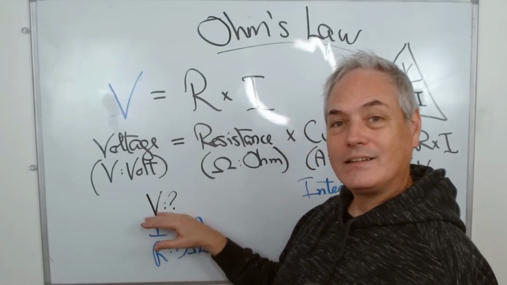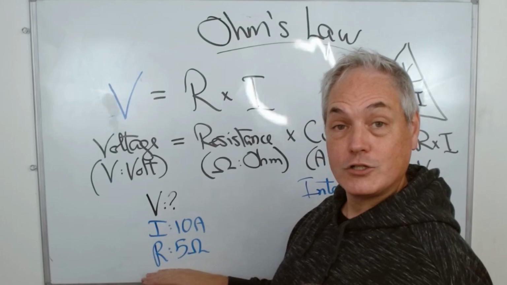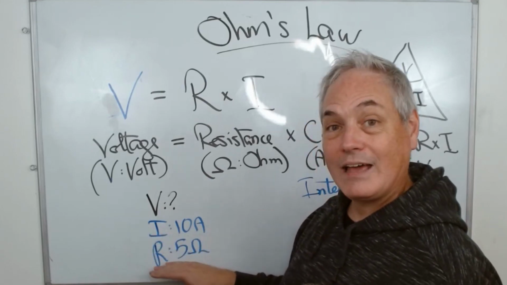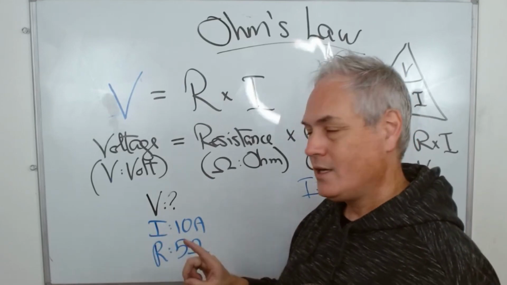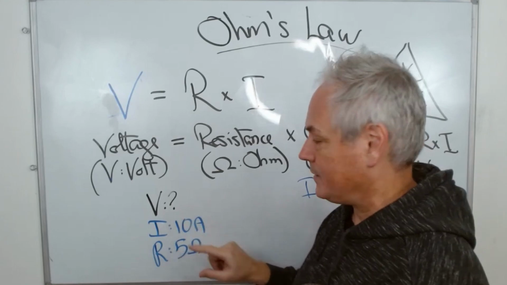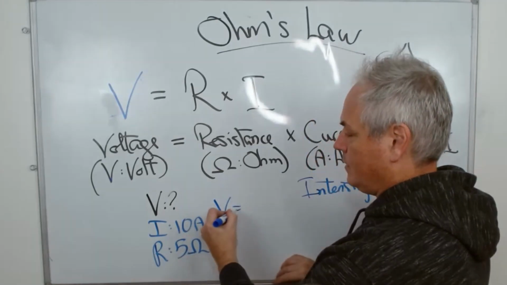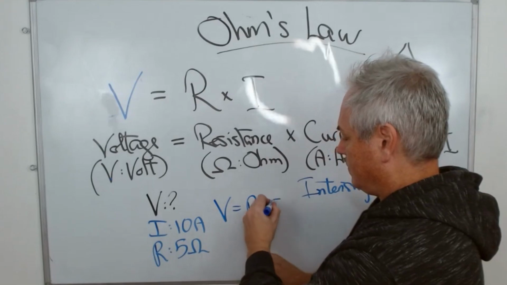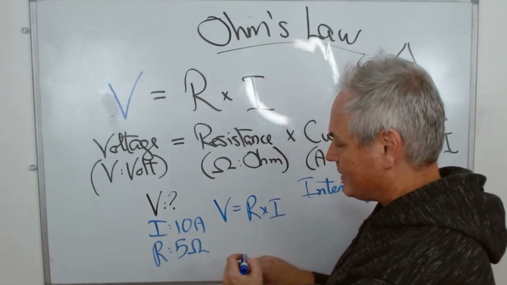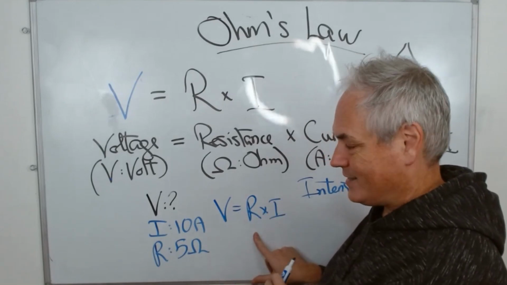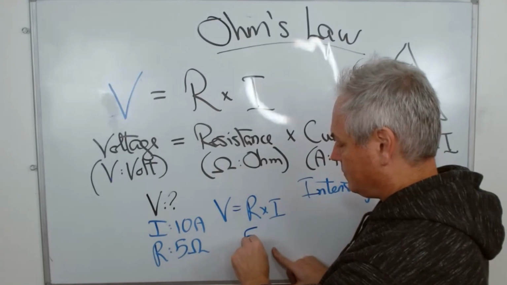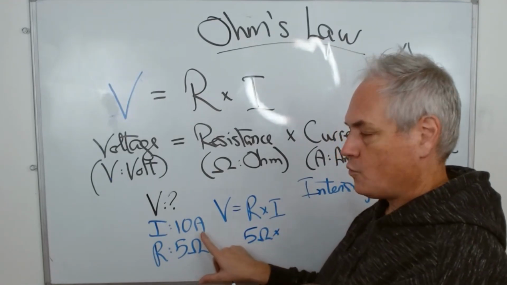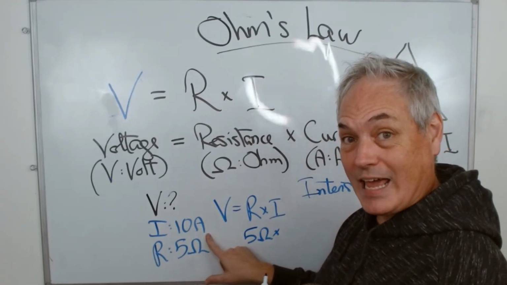So here I have 3 variables, but I have information for 2 of them. Let's see if I can find the missing one. V equals R times I. We know that R is 5 ohms. We know that the current is 10 amps.